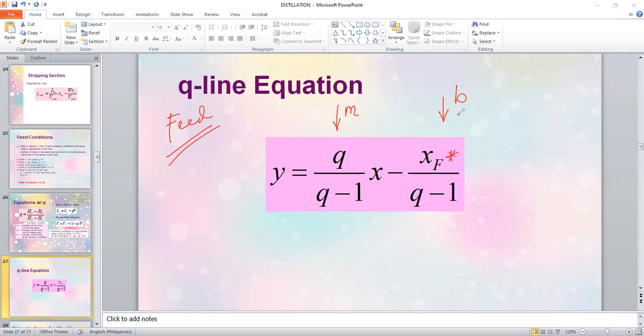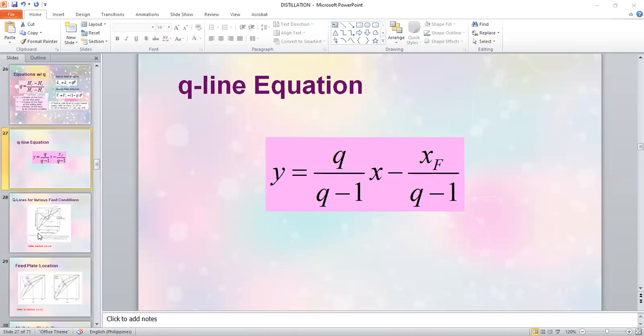So just like the enriching section operating line, you have the choice whether you use M here or B. As long as you properly plot it, it doesn't have any problem with me. Anyway, later on, when you use the analytical approach, you'll still be using analytically this equation which you have set up for the feed line. Now, before we end this one, I'd like to show you where the feed line is.